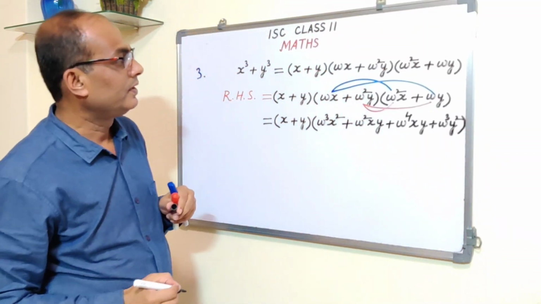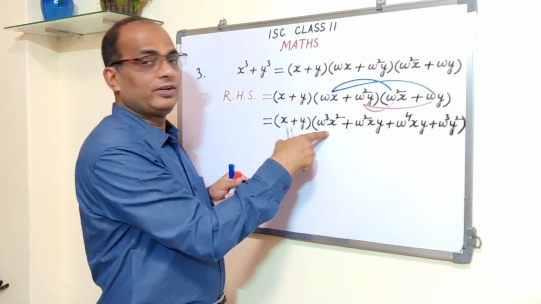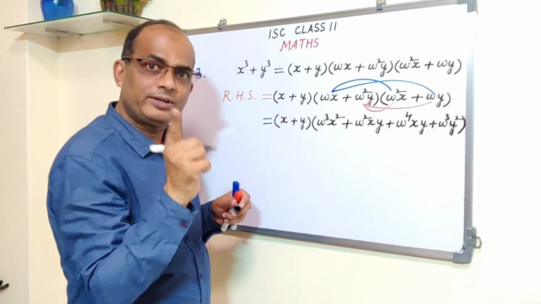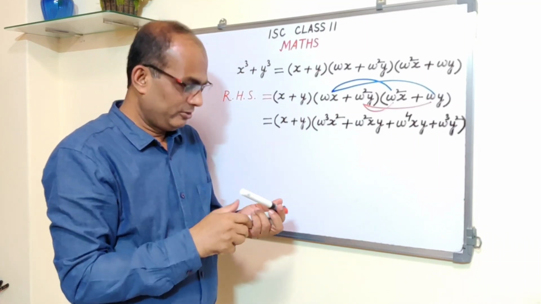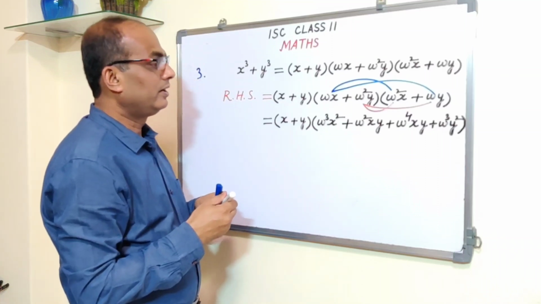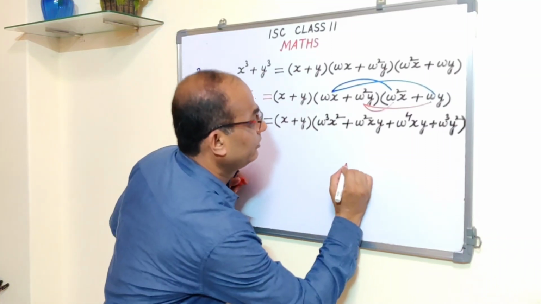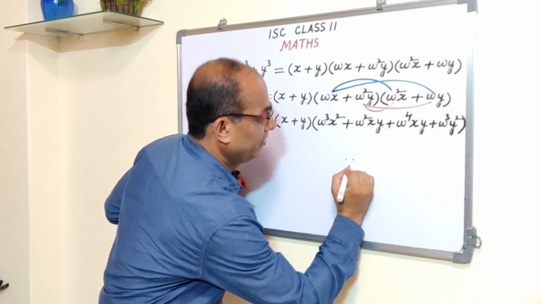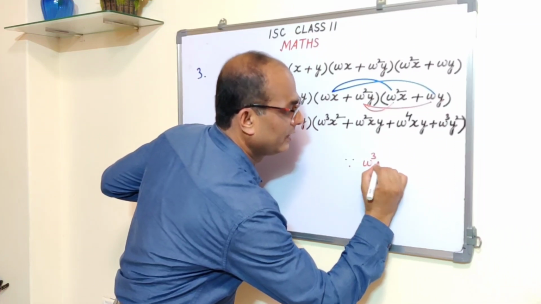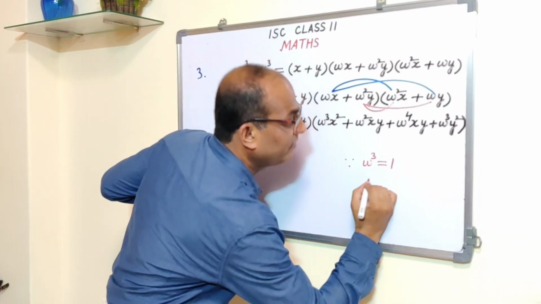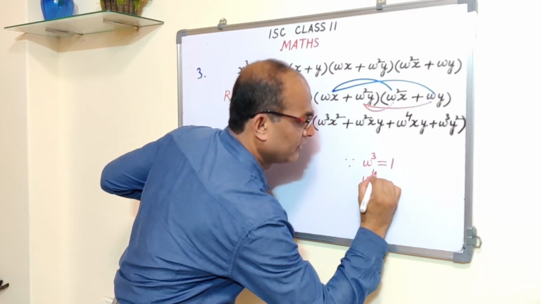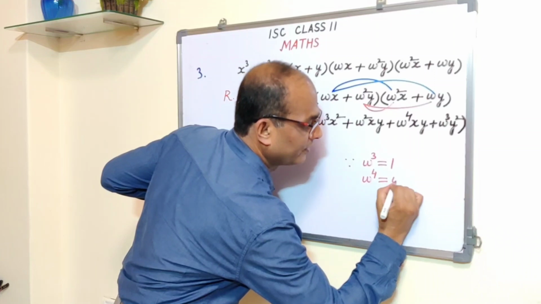Alright, fine. Now omega cube we have here, that we will write down 1 because we know omega cube is equal to 1. Even omega raised to the power 4 is equal to omega, that also you should know. So we are going to use those results. First, omega cube is equal to 1, and second, omega raised to the power 4 is equal to omega.